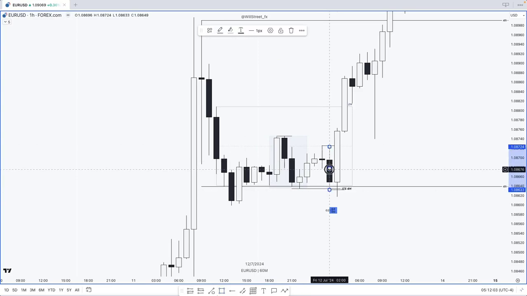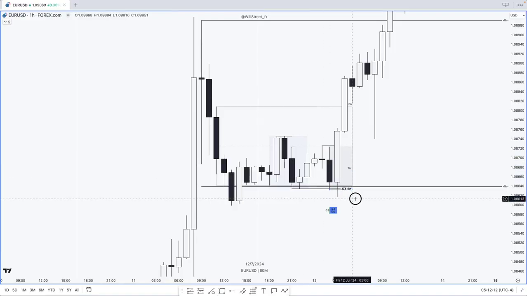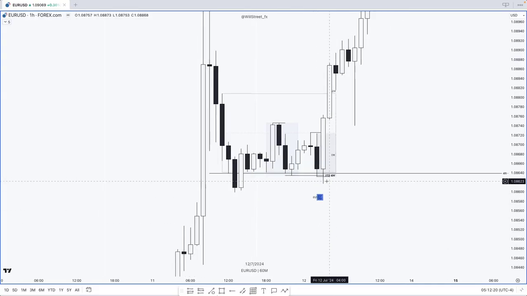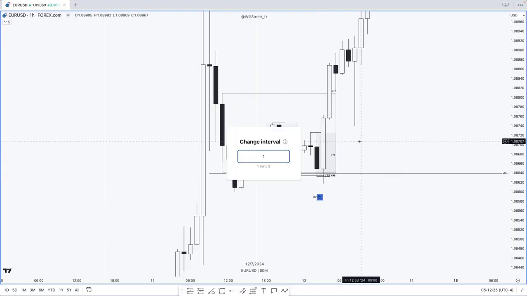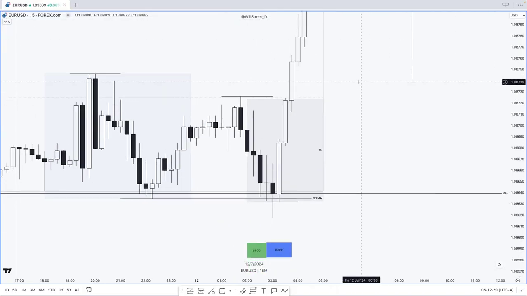And remember the sequence. We are refining ranges inside the 4-hour range, and we are not looking for longs here, I mean, looking at a 1-hour chart. So let's go to 15 minutes. What do we see?